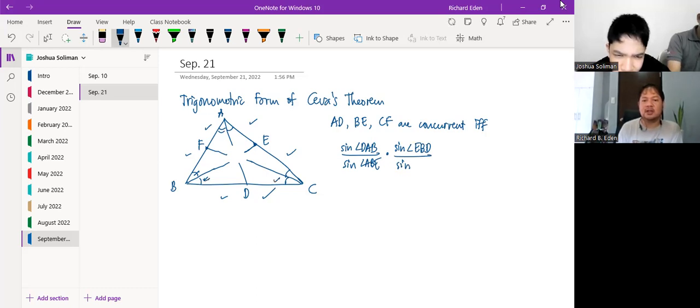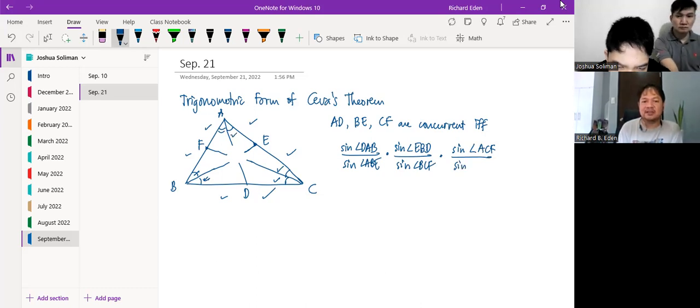Ito naman, BCF. BCF times, ito na next, sine of angle ACF divided by the sine of angle, last is this one, CAD, equals 1.